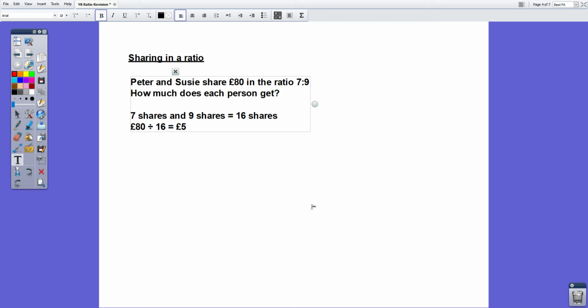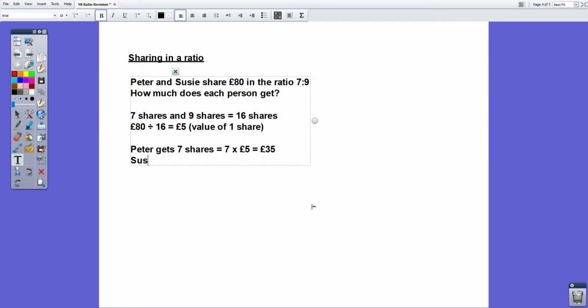That is the value of one share. So 1 share is £5. Now Peter gets 7 shares, which equals 7 times £5, which equals £35.